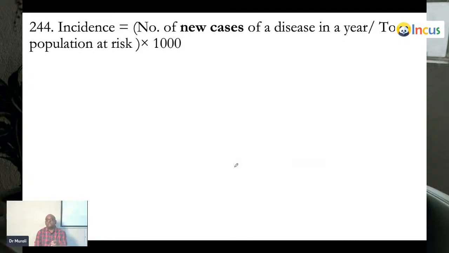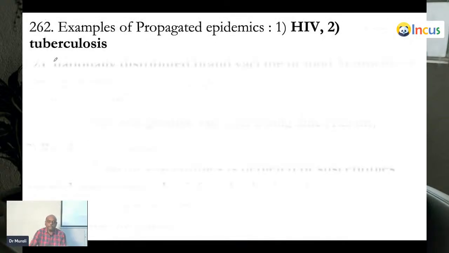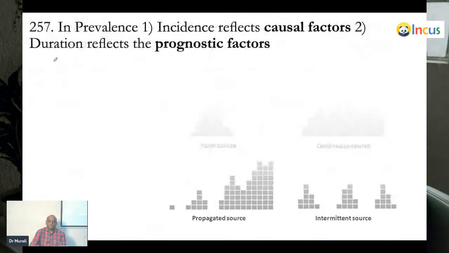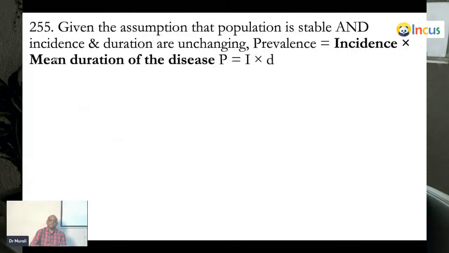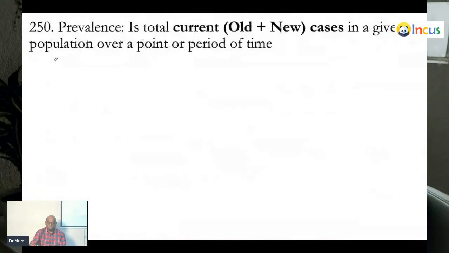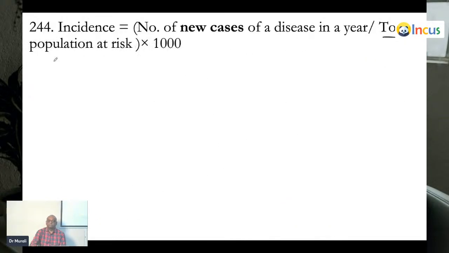So incidence is the new cases divided by total population at risk. That's what you need to remember. Total population at risk is what needs to be remembered. So incidence is the total population, the denominator, and the new cases of the disease in a year in the numerator.